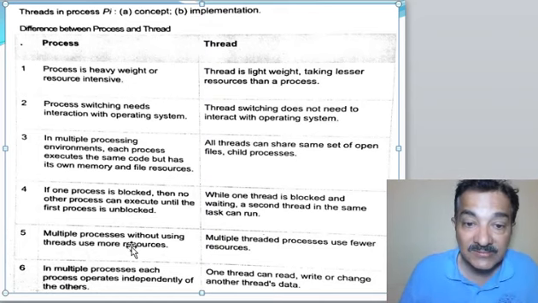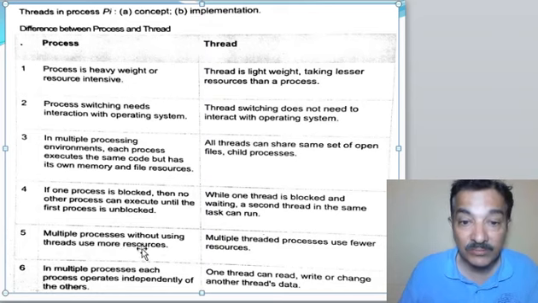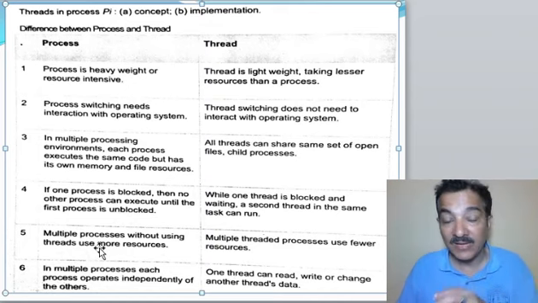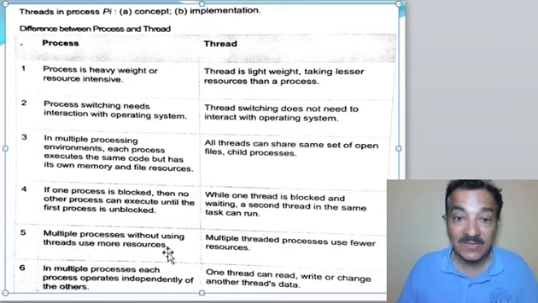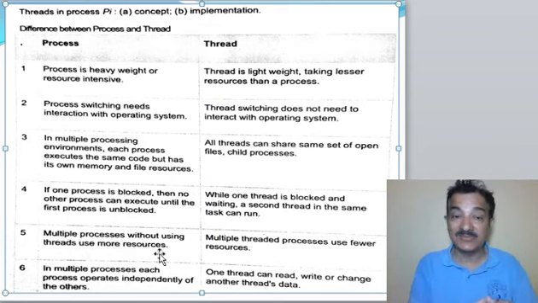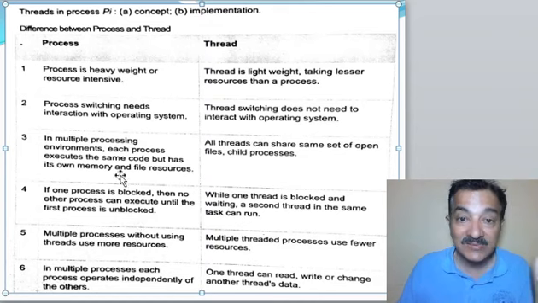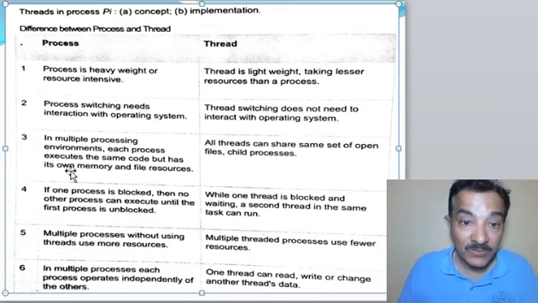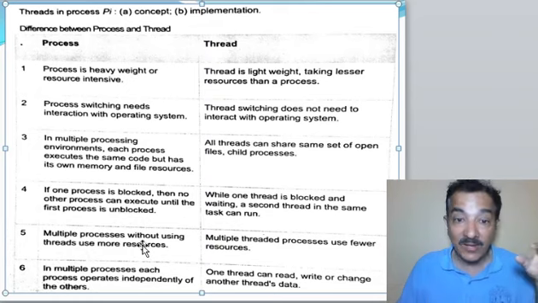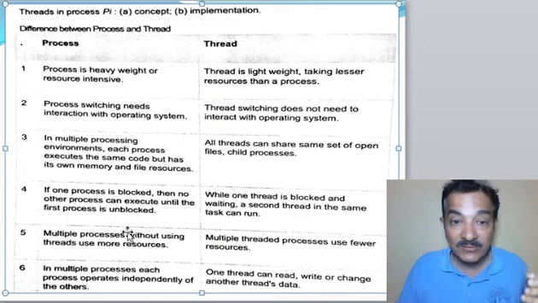Multiple processes without using threads use more resources. Multiple threaded processes use fewer resources. If multiple processes are running without multiple threads, they use more resources, because each time a process is created, the code segment, the data segment and the file resources all have to be set up for each process.